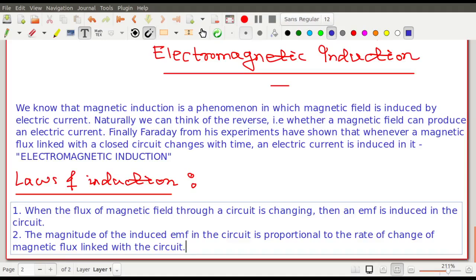So the faster the change of magnetic flux, আমি কিন্তু চেঞ্জ বলছি, it may be increase, it may be decrease. So basically it appears to you that the flux is increasing, আমাদের কাছে সবসময় মনে হয় ফ্লাক্সটা বাড়ছে। So no, I am interested in the change of the magnetic flux, not the increase or decrease particularly.